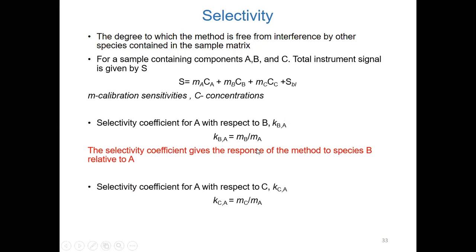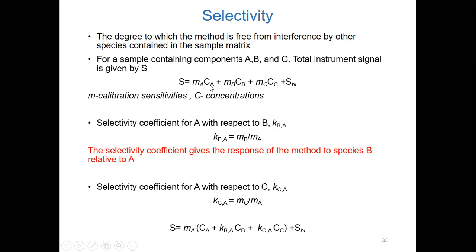And similarly, we can find the selectivity coefficient of A, which is the analyte, with respect to C also, by taking the slopes of these two. And once we know K_BA and K_CA, the selectivity coefficients, we can substitute these values into that equation, right?